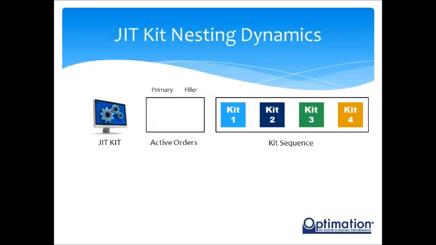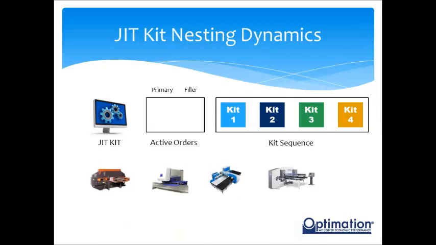Kit nesting works with a number of machines. Any number of machines that you have can be in one or multiple cells. And the process is fairly simple. You make material assignments to those machines. For instance, in the punch press world, to avoid a lot of die clearance changes, you'll make material assignments that have matching die clearance requirements.